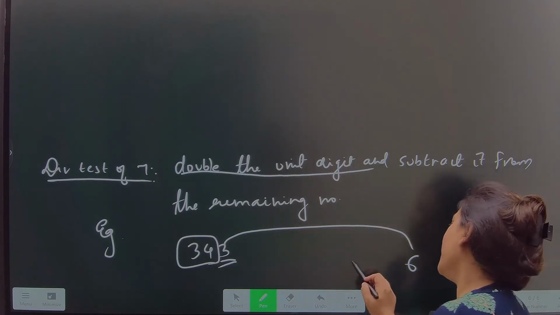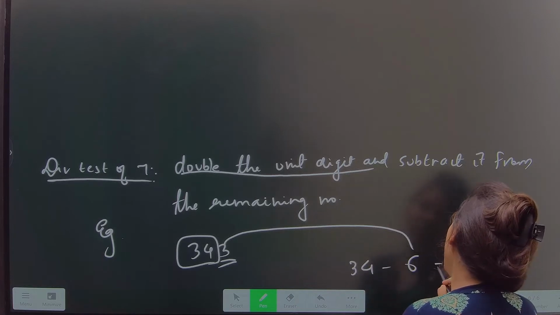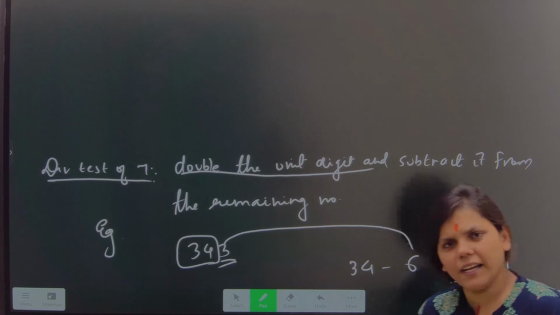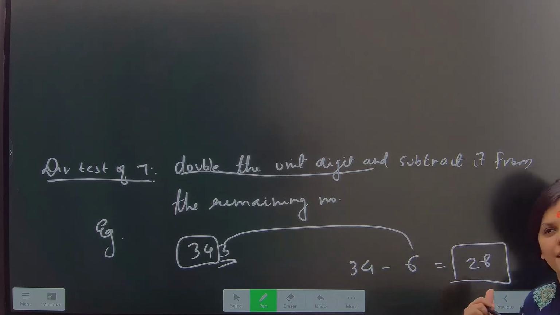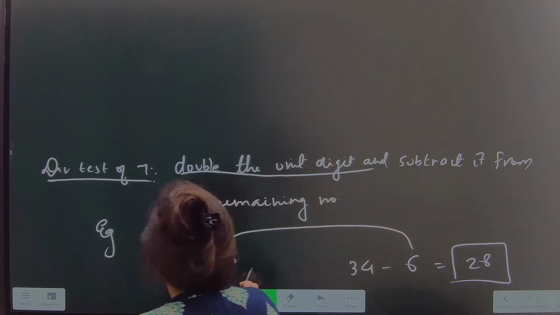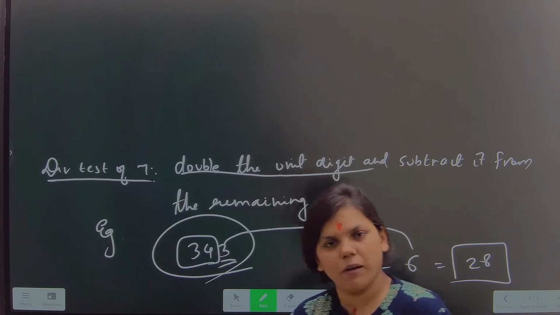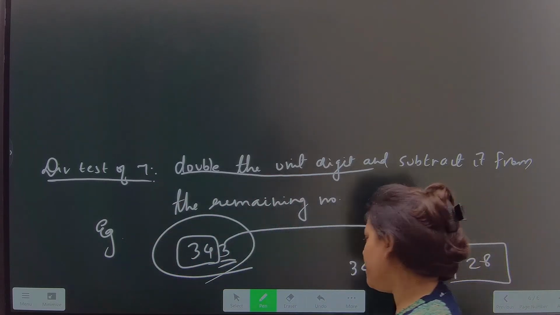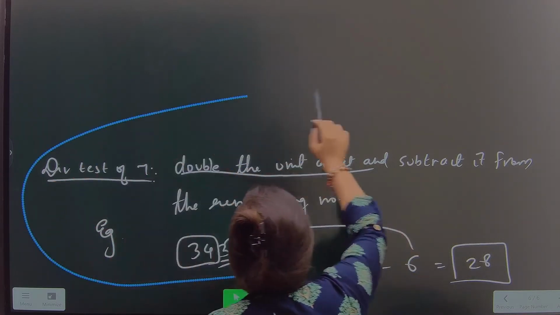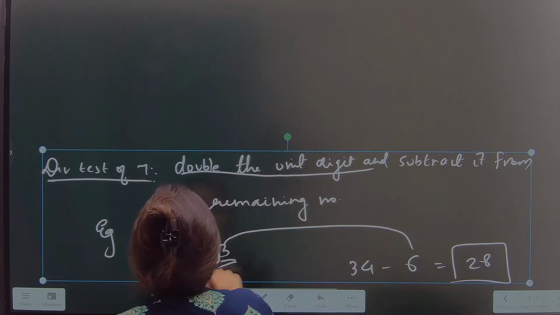So 34 minus 6 is 28. Now, is 28 divisible by 7? Yes, it is. 7 fours are 28. Hence, this number 343 is divisible by 7. Understood? You just need to double the unit digit and subtract it from the remaining number.